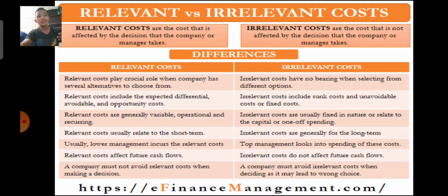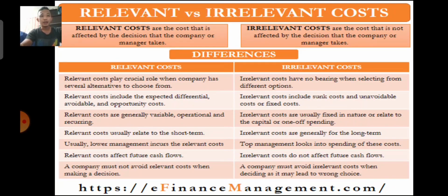Irrelevant costs are the costs that are not affected by the decision that the company or manager takes, which is to say whatever decision the manager makes, it will not be affected by or included in the decision making of the manager.